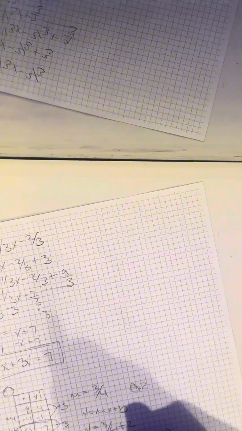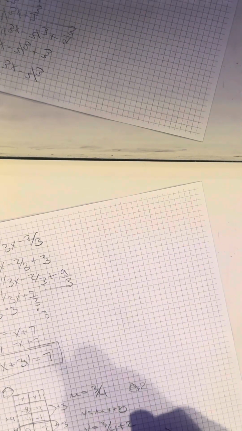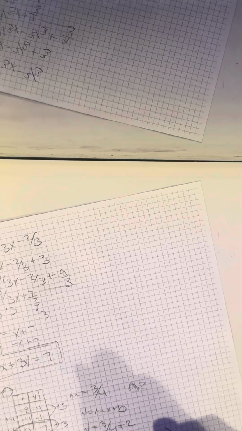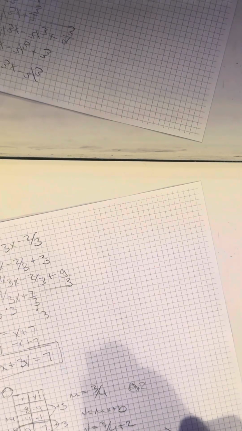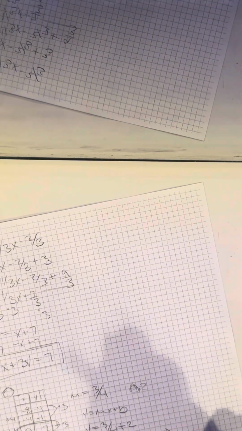So it's going to be y minus 2 equals 3 over 4 times x minus 0.